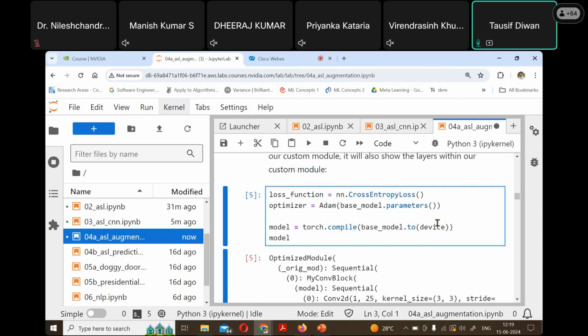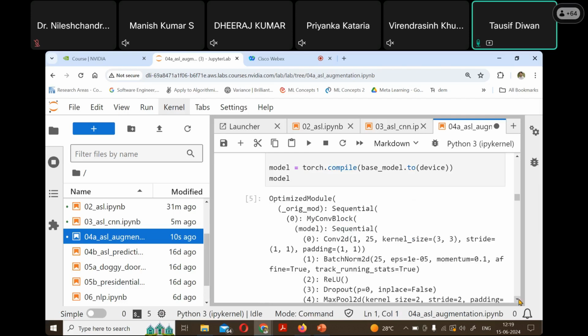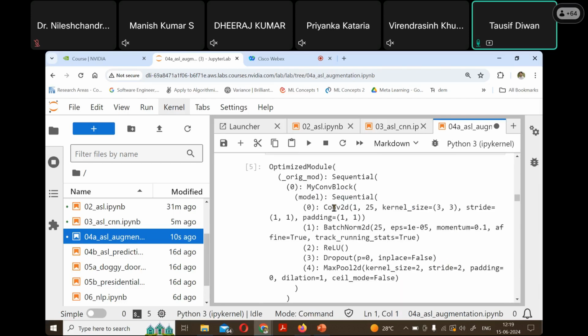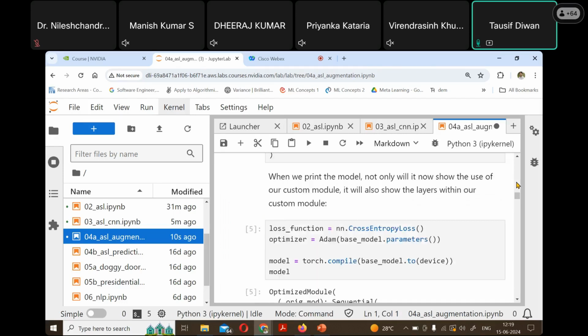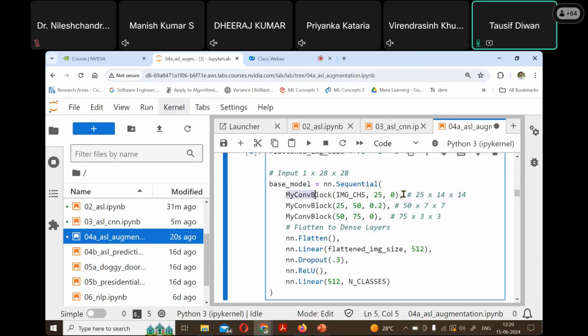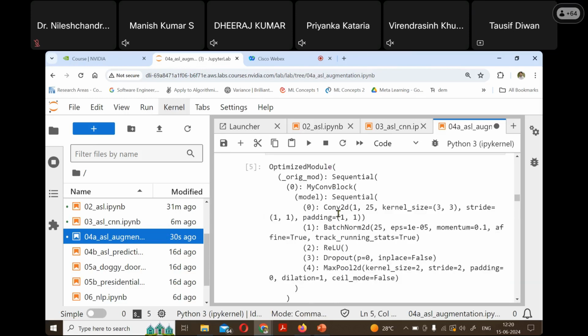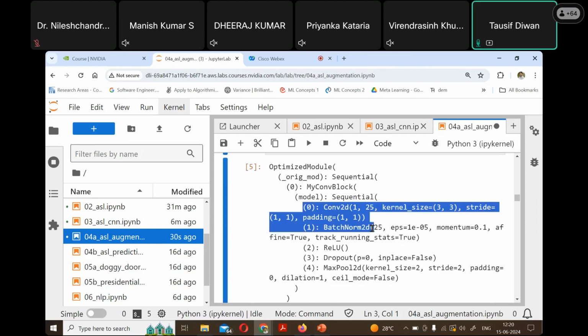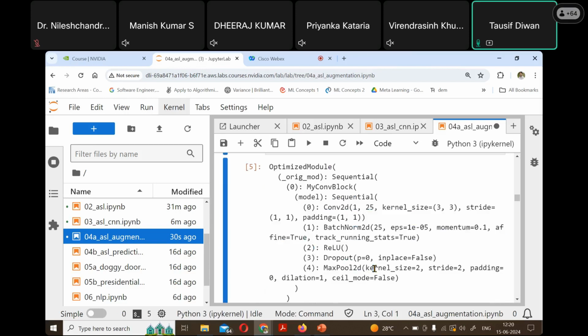Fine. This time cross entropy loss, then Adam optimizer, and then finally the model is getting printed over here. See, when we call this first one, 25 channels in the output, this corresponds to these 5 layers: convolutional 2D, then batch norm, then ReLU, dropout, and maxpool 2D.